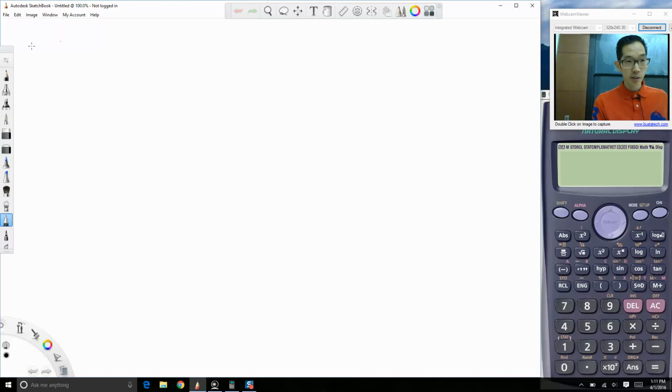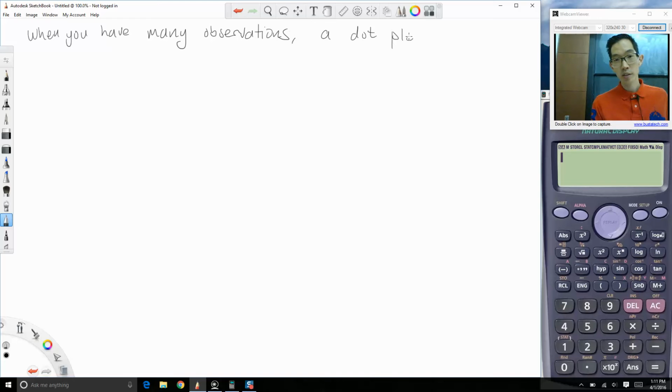So when you have many observations, a dot plot is probably not preferred. Okay? And so instead you can create a histogram.